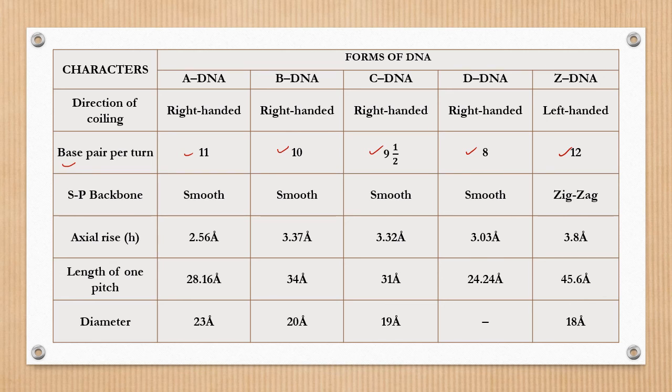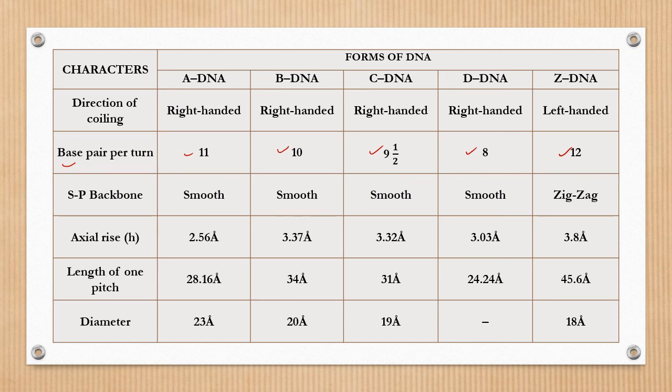Length of one pitch, that means one complete turn length, is 28.16 angstrom units in A DNA, and 34 angstrom units in B DNA. In C DNA it is 31 angstrom units, in D DNA it is 24.24 angstrom units, and in Z DNA 45.6 angstrom units.